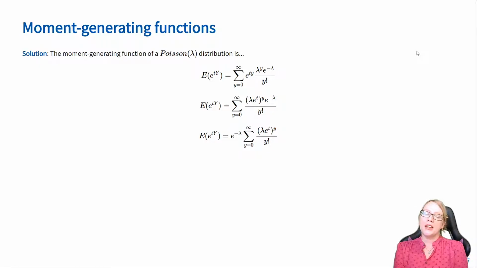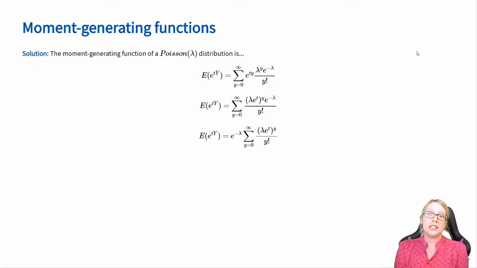The strategy that we're going to use is to try to make this look like a PDF. So I'm going to try to rearrange everything in the summation to get another PDF, specifically another Poisson PMF. If I can get another Poisson probability mass function, that should sum to 1. So that's why we want to take this step.